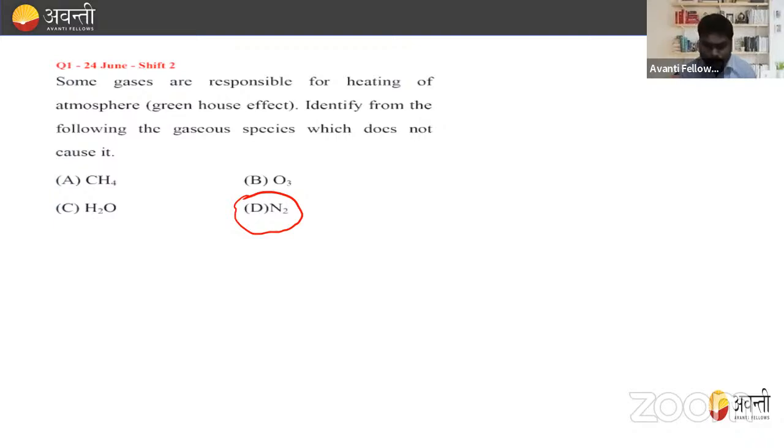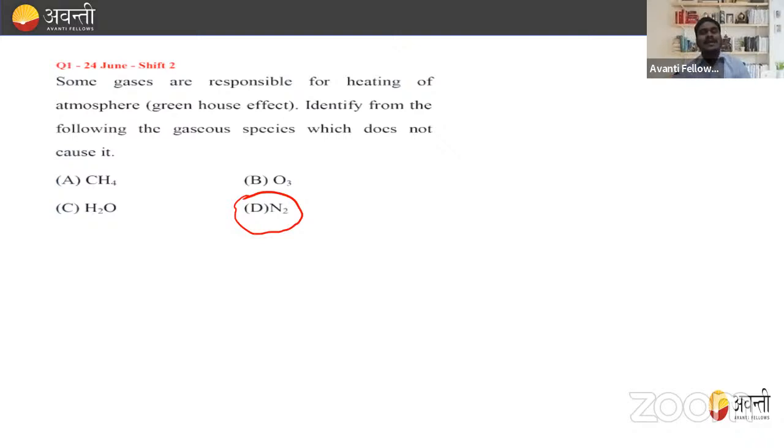So if in any question they ask which gases are responsible for the greenhouse effect, what will be your answer? That is CH4, H2O, and O3. These are all responsible for the greenhouse effect, right?